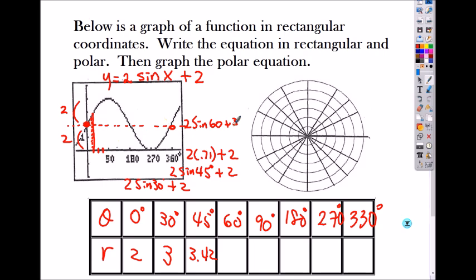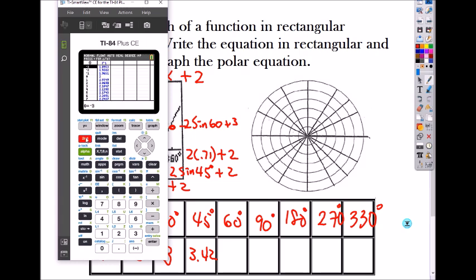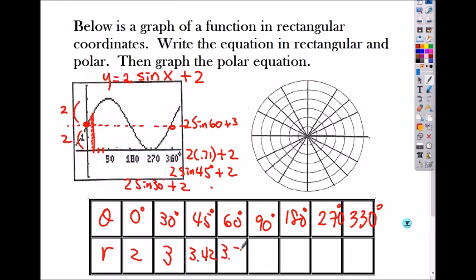Is it right? So root 3 over 2, 0.87. So 0.87 times 2 plus 2 is 3.7.